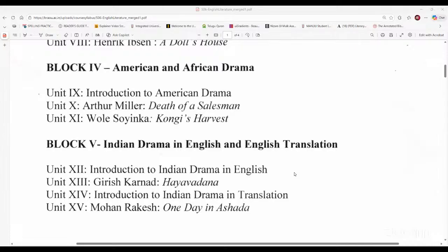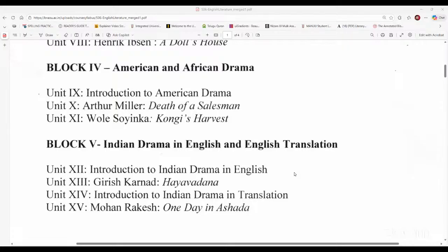Under unit 14, Introduction to Indian Drama in Translation, again, our attempt would be to look for a variety of popular plays written by Indians in regional languages.